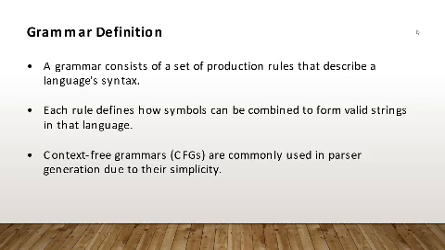Among the different types of grammars, the most widely used in parser generation are context-free grammars, or CFGs. These are popular because they are simple to define, easy to process, and powerful enough to describe the syntax of most programming languages.